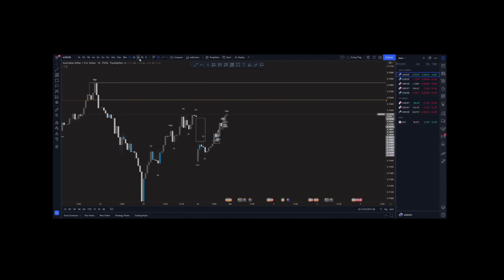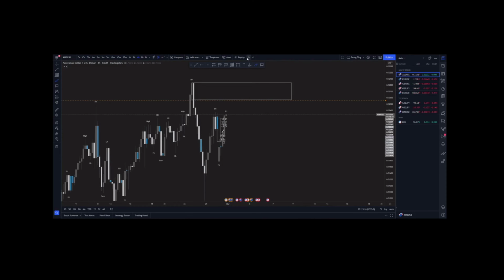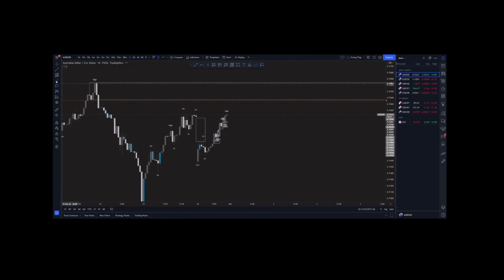The second thing was we want to take trades towards the supply zone we have over here. So I took continuation trades on Aussie dollar all the way up to fill this gap. My take profit target was where this gap started and where it ended over here. So I took continuation trades up.